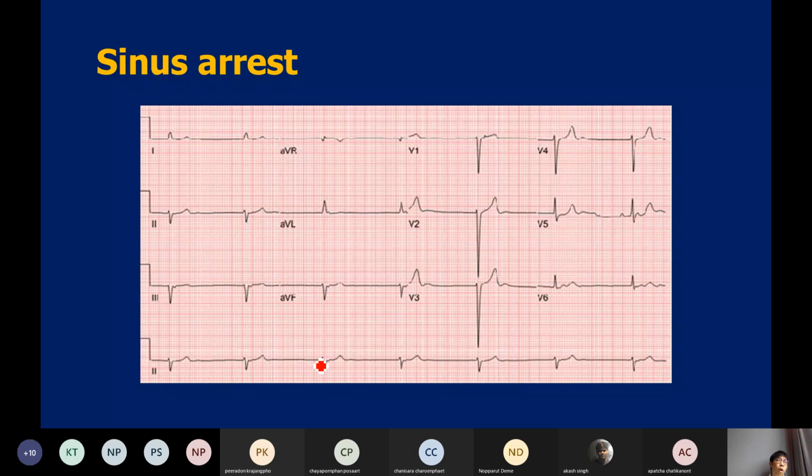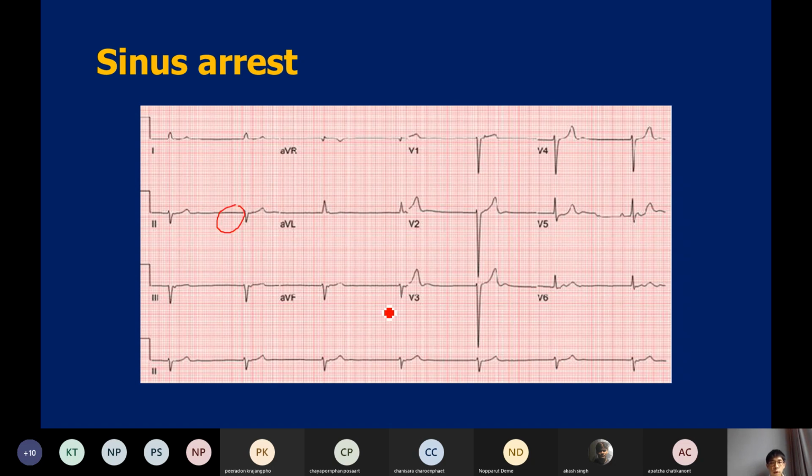So all of that is SA exit block, an impulse conduction abnormality. Now we are going to talk about impulse generator abnormality. The first one is sinus arrest. As you can see in this ECG, there is no P wave at all.